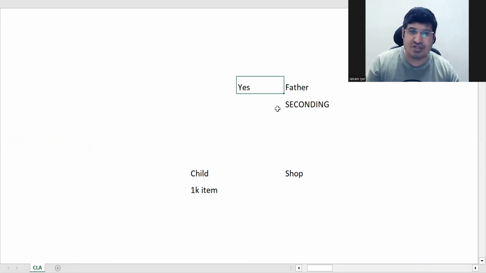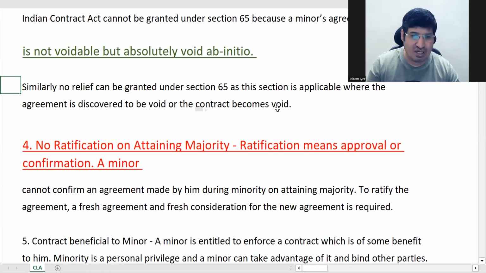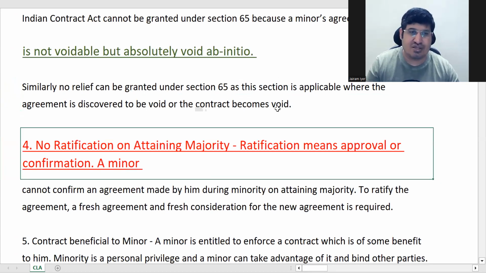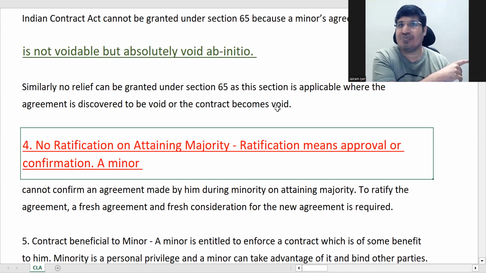So this is your another point of minority: no ratification on attaining majority. When the minor becomes a major, he cannot say that I want to ratify my earlier contract, because law says a contract with a minor is void.